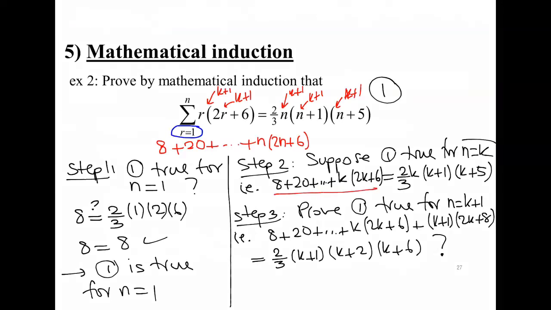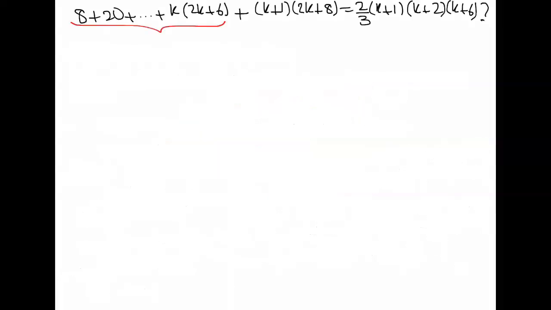So if you see here, those terms are basically equal to 2/3 of k into k plus 1 into k plus 5. So this is where we use the assumption. Over here, 8 plus 20 all the way to k into 2k plus 6, I can basically replace by 2/3 of k into k plus 1 into k plus 5.